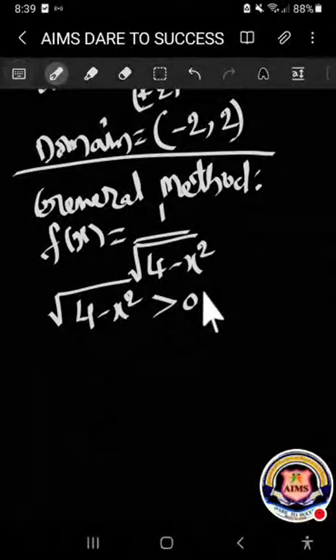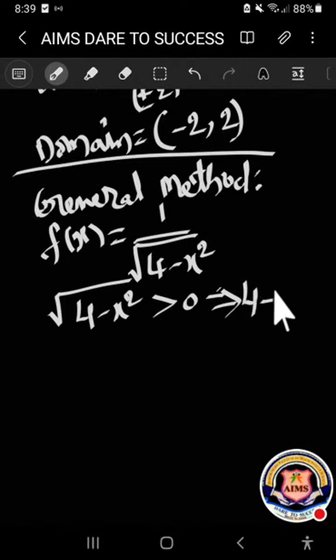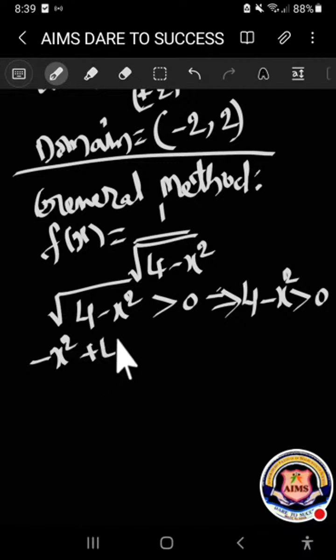Okay, so squaring on both sides, we get 4 minus x square is greater than 0. My dear students, the x square coefficient is negative, so write x square first. After that plus 4 is greater than 0. Okay, so we will get minus x square, take the minus outside as common.